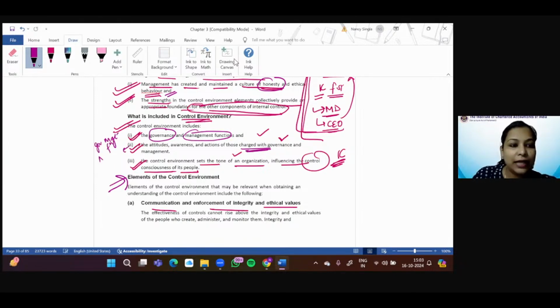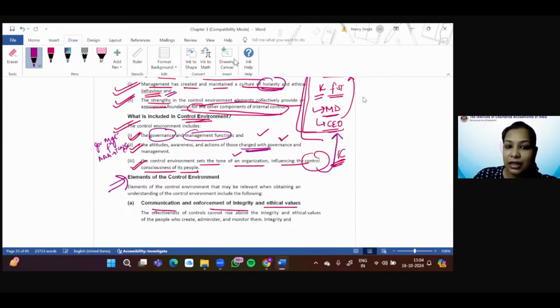And if you remember, I told you that the control environment sets the tone of the organization, influencing the control consciousness of its people, whereby this example is illustrative of this point, right?